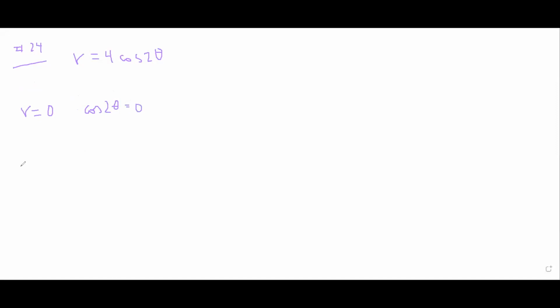The next is maximum, and maximum will be 1. So it's actually 4 times 1, right? So that happens when cosine of 2 theta is 1. And then the minimum is going to be negative.